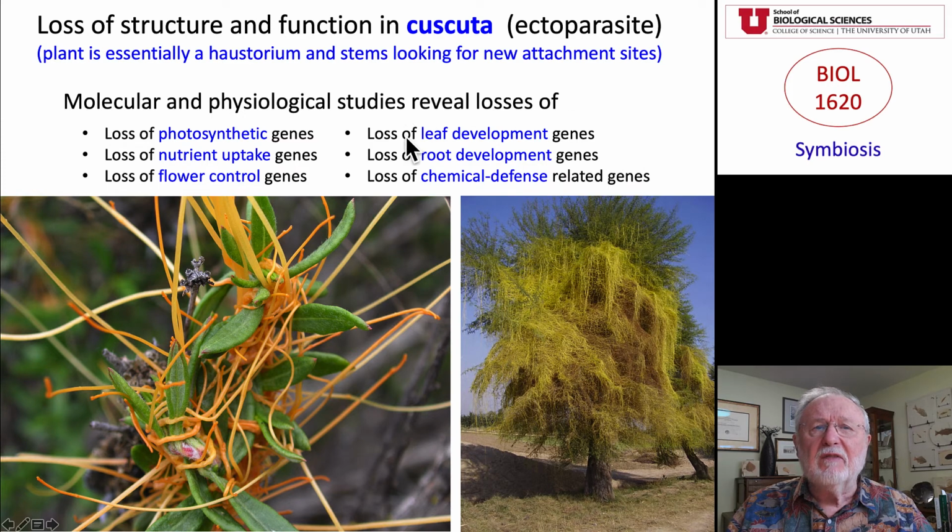They've lost leaf development genes, so we find essentially only stems, no leaves, and, of course, no roots. Surprisingly, some of them seem to have also lost the defense mechanism, toxic secondary compounds that might reduce herbivory. So, associated with evolution and co-evolutionary relationships of endo and ectoparasites, we often see a reduction in genome and a reduction in morphological features.